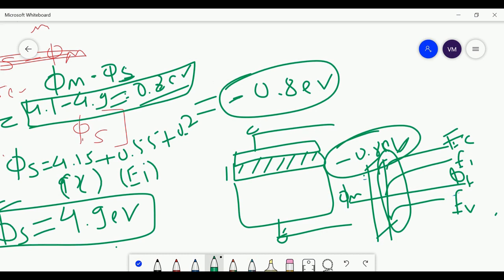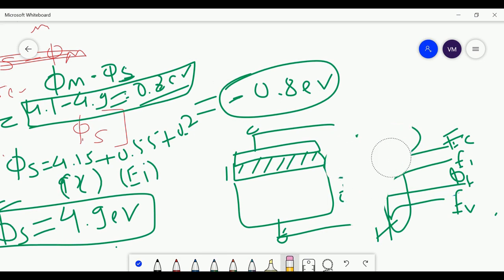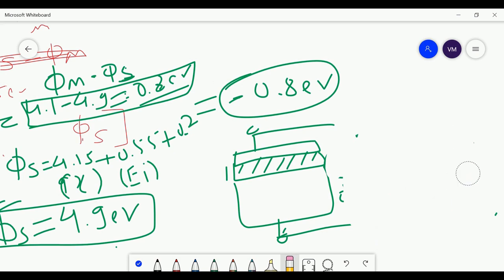Fine. Now one thing can be done here. If you apply a voltage across these terminals, please listen carefully. If you apply a voltage across these terminals, and what kind of voltage? A DC voltage, of what polarity?